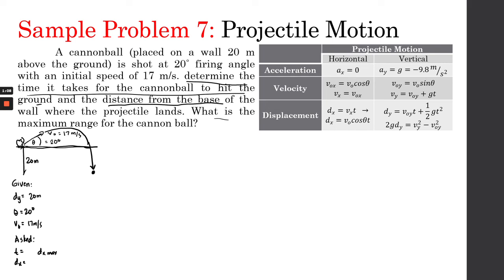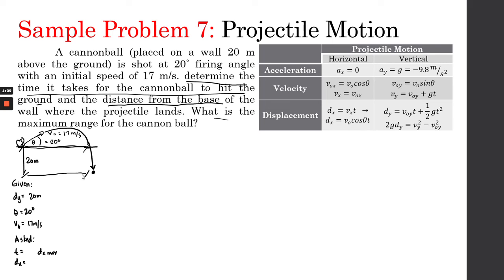I hope you understand that because the cannonball was above the ground. When you throw something, you have to measure the range from the base of the ground, not from here, because the distance is different, as it has to travel longer since it's a projectile.